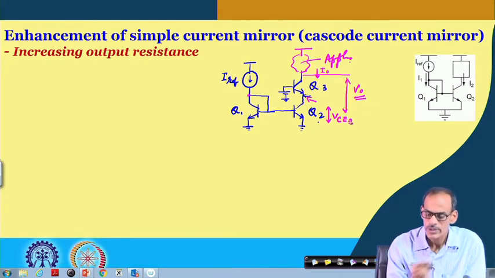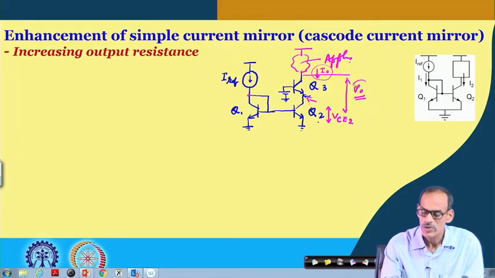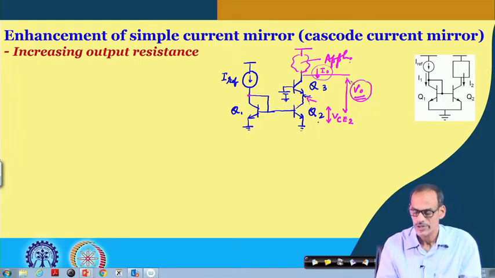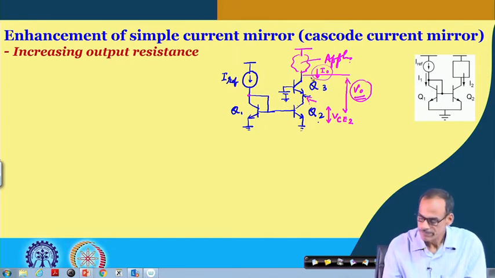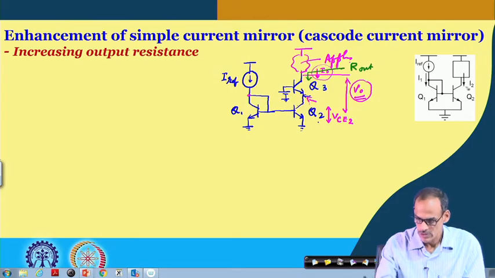As a result, the final current through this transistor hardly depends on this output voltage, or you can say the output resistance looking into the collector is much higher than the output resistance of the simple circuit.